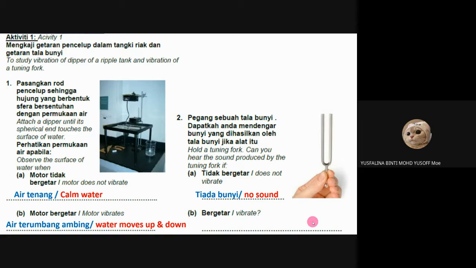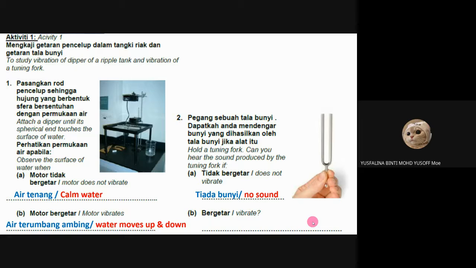Like when I'm talking now, if I hold my throat, you can see there's a vibration. Or maybe when you talk, you can hold your throat so you can feel there's a vibration. So actually the sound is produced by vibration. That's why sound needs a medium to travel from one place to another place.